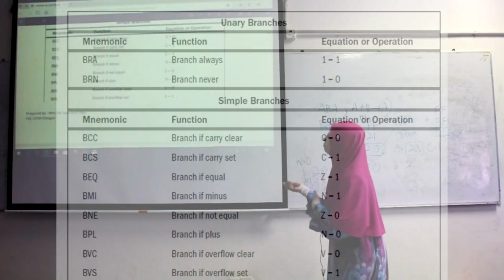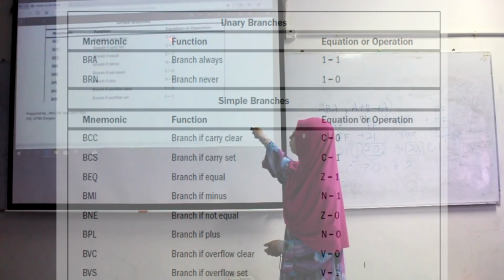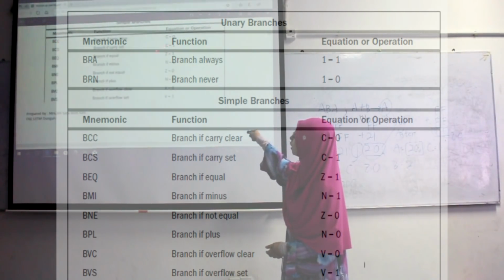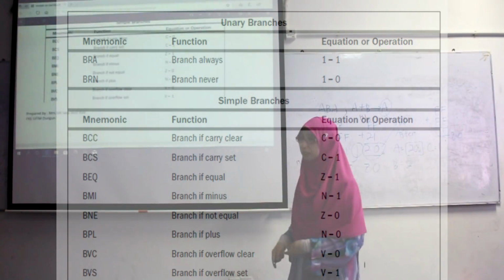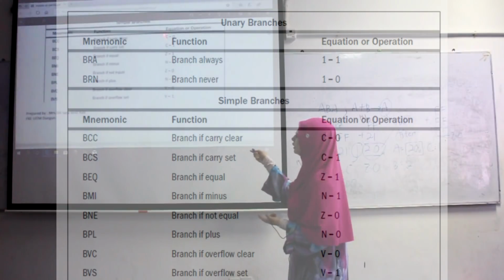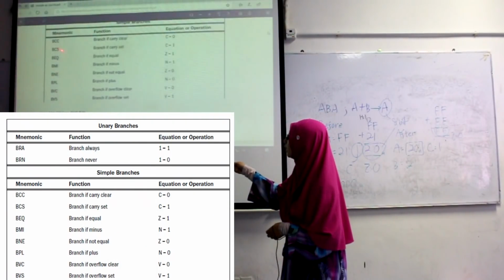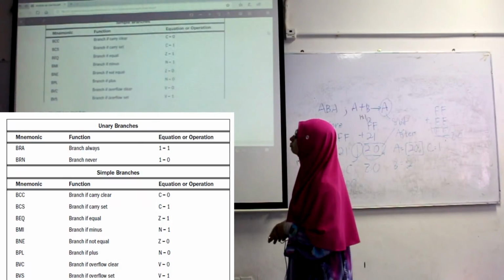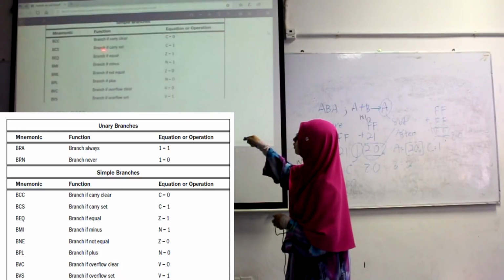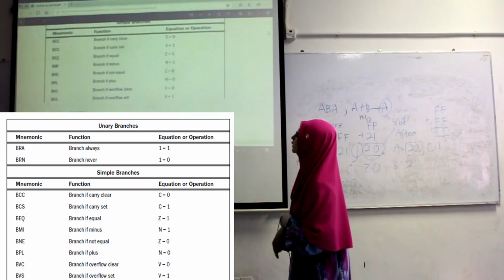For the instruction for the CCR, if C equals 0, we use BCC. If C equals 1, we use BCS. B is branch, C is the C flag, and the last C means clear. Here S means set.